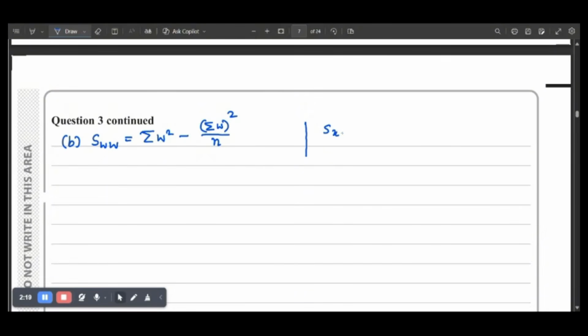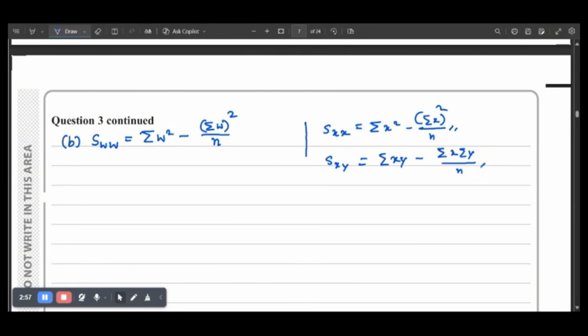We know that if we have to find the summary statistics of the same variable, we use sum of x square minus sum of x whole square divided by n. There is another version of the summary statistics we need, which is that when there are two variables, let's say x and y, then what we use is the sum of the product of x and y, then we subtract sum of x into sum of y divided by n.